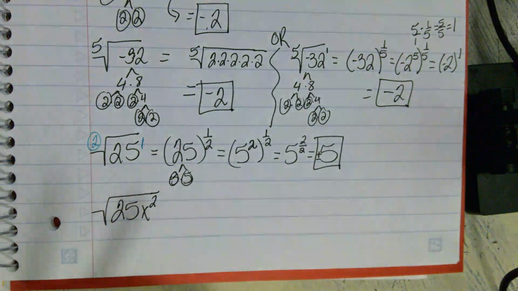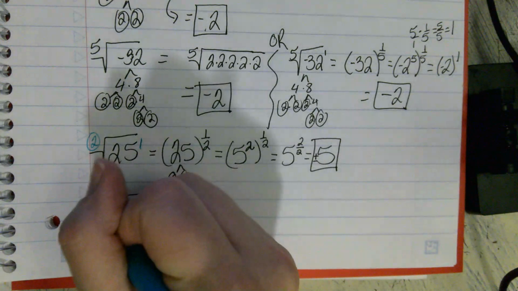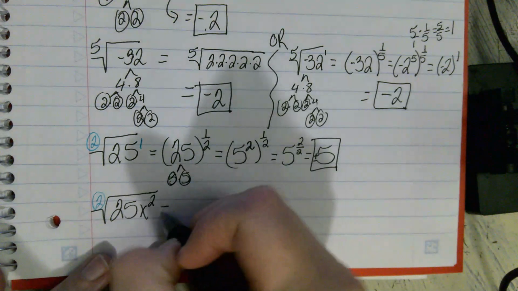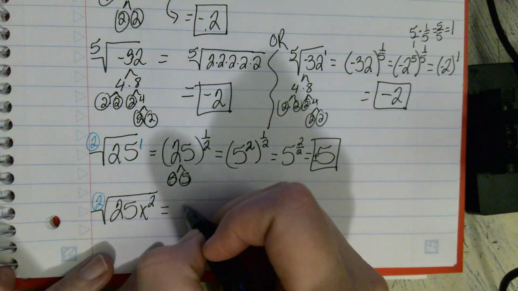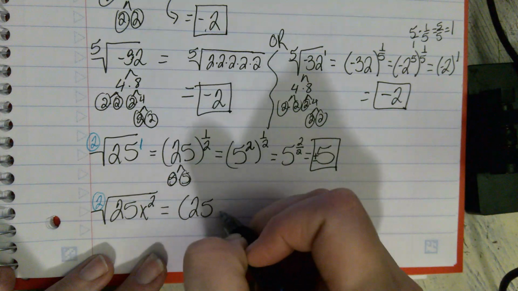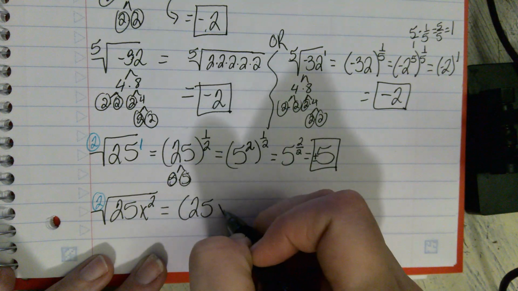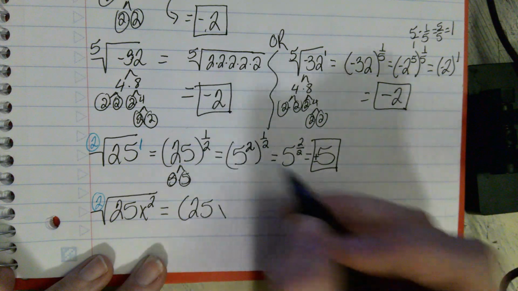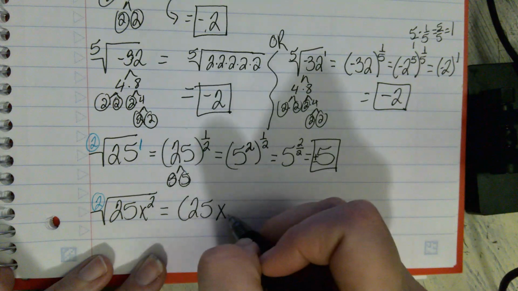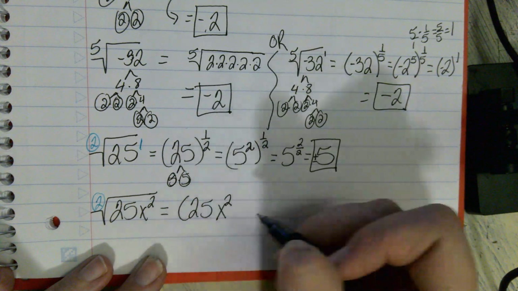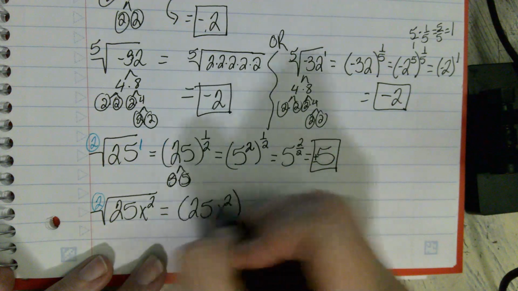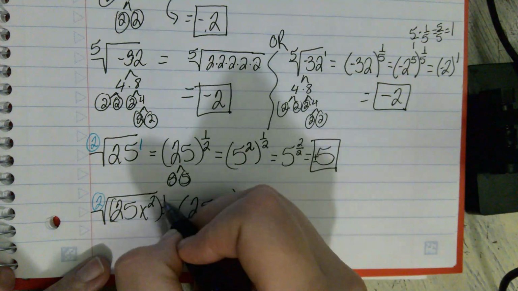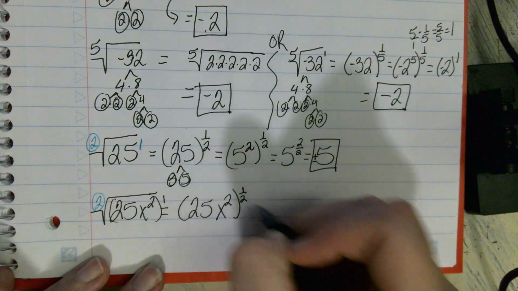Okay, so again, if there is not an index, it's an invisible 2. So how I can write this is 25x squared to the, I'm going to put all of this in one, to the 1 over 2 power.